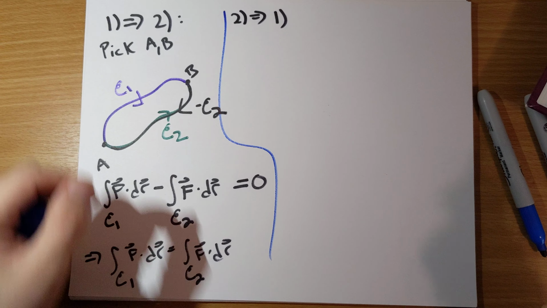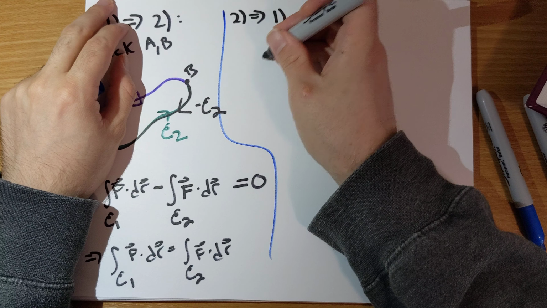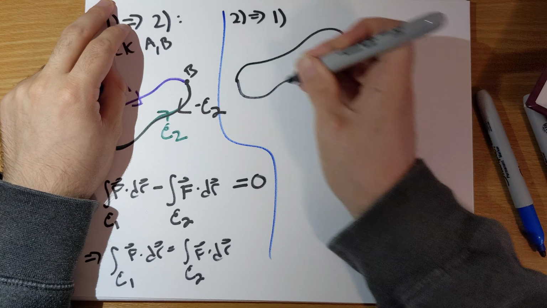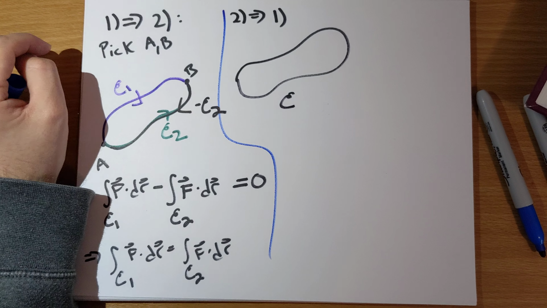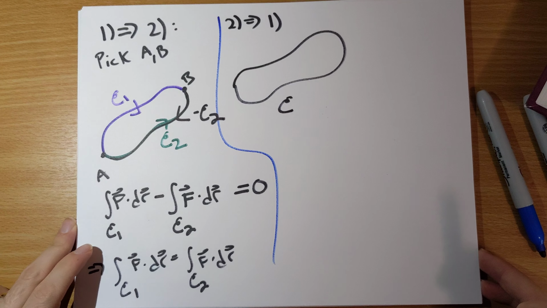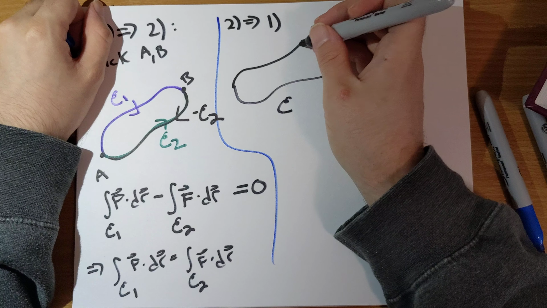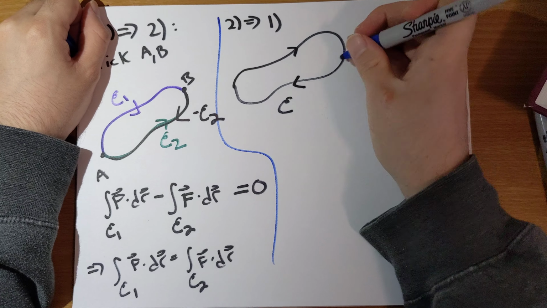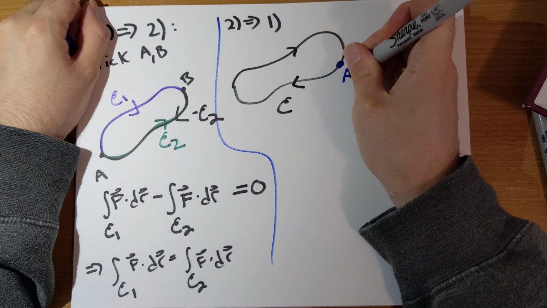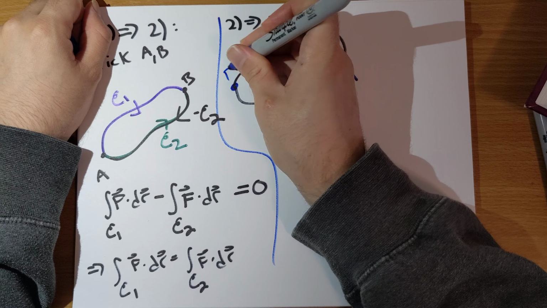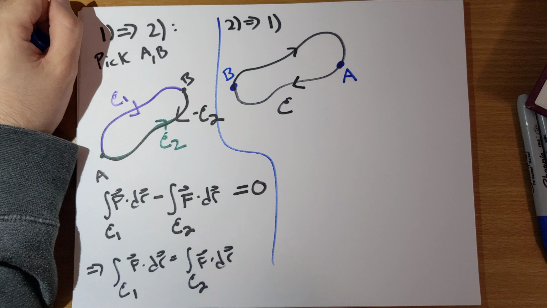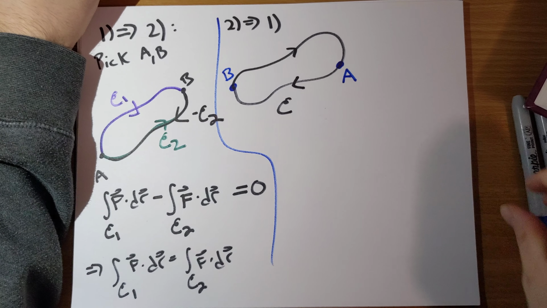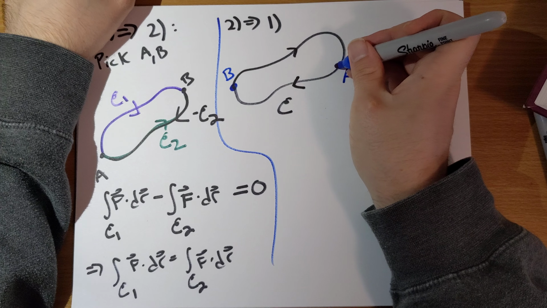So what do we do? Well, let's just say that we have this closed loop here. We want to show the integral around this closed loop is 0. How do we do that? Well, let's just pick 2 points here. Let's call this A, and let's call this B. We're free to do this.